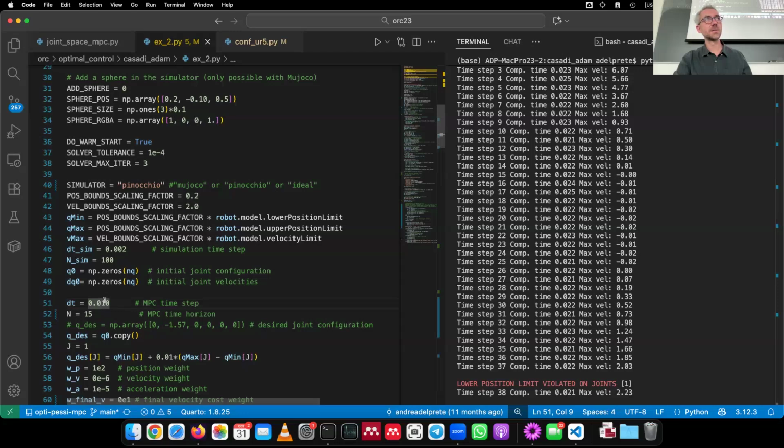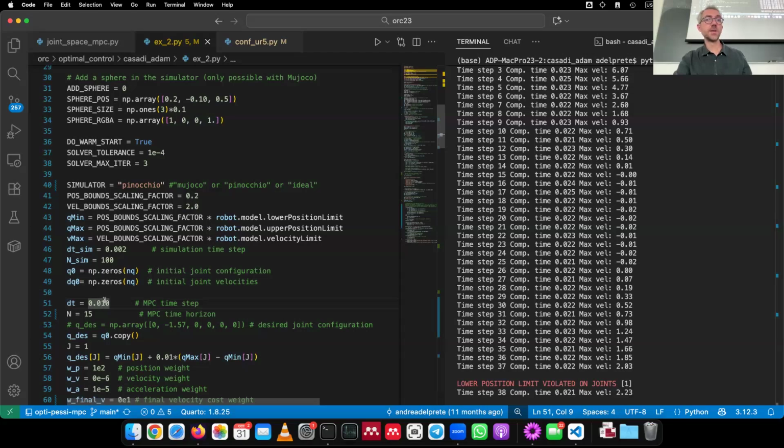What is, maybe using a specific solver, the smallest DT that I can achieve? Oh, people have achieved like 2 milliseconds on manipulators using a customized, super optimized solver. 2 milliseconds, I think, is the fastest I've seen.